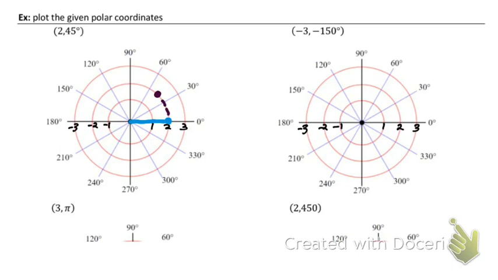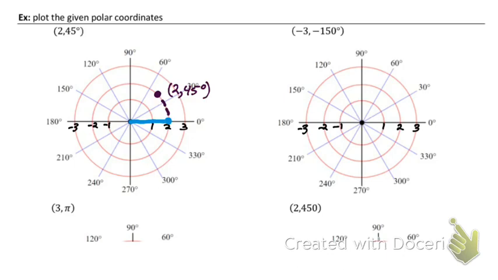So that right there is the point 2, 45 degrees. And it's just a point. It's not a vector. It's just a point. The only reason why I do that straight line is so you can visually see that you go out 2 units and up here.